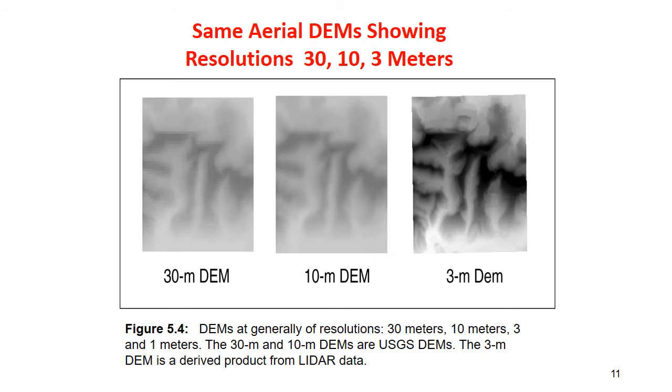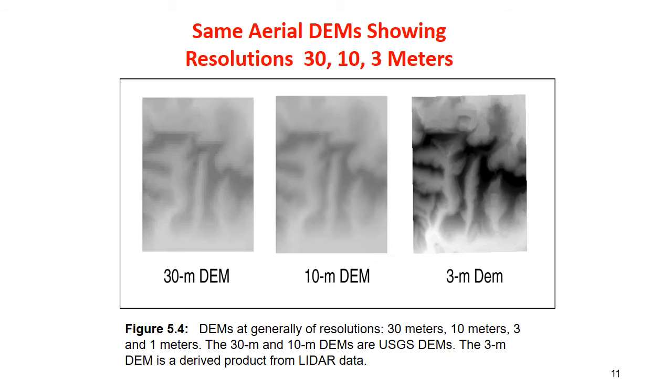Or if you go on the net and try to find out the free one without making any payment, most probably you will get a 30 by 30 pixel size digital elevation model of Pakistan or America. Now the next one, the right side or middle one, is clearer with respect to the left side 30-meter digital elevation model.